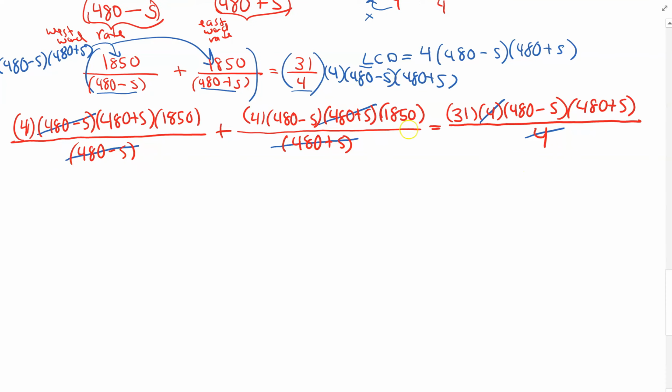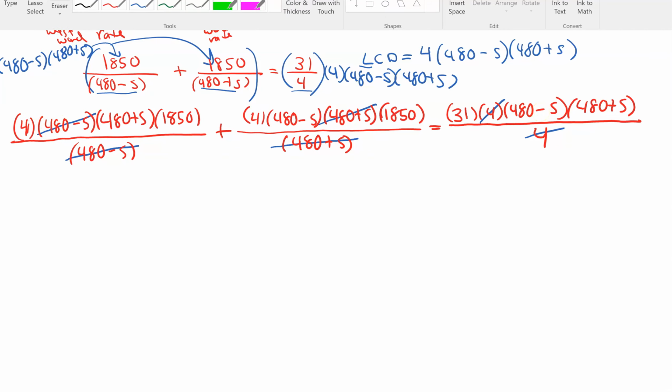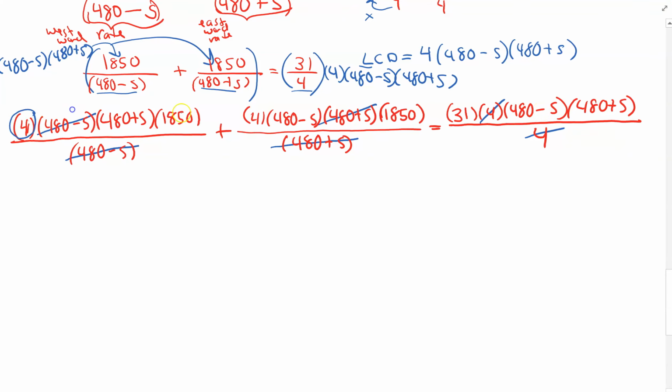So basically every denominator cancels out, and then in this first fraction, usually what I do when I have single factors times a binomial is I multiply the singles together first, and then I distribute later. And here I'll just wait because I'm going to need to FOIL these. And similarly, when I have one single factor and two binomials, I tend to FOIL the binomials first and then distribute later. So let me do that. I'm going to do 4 times 1850.